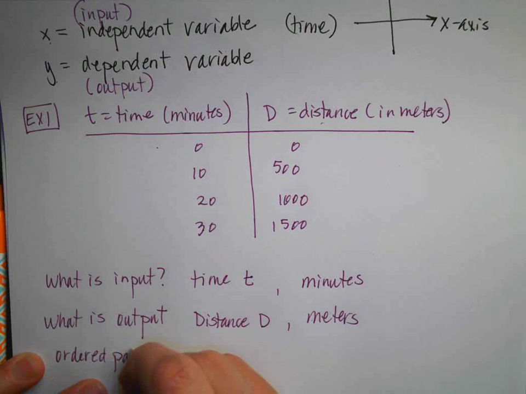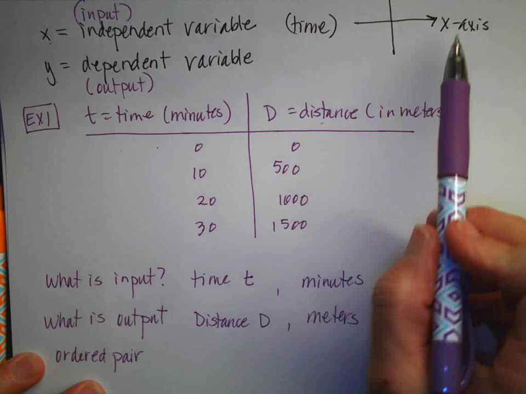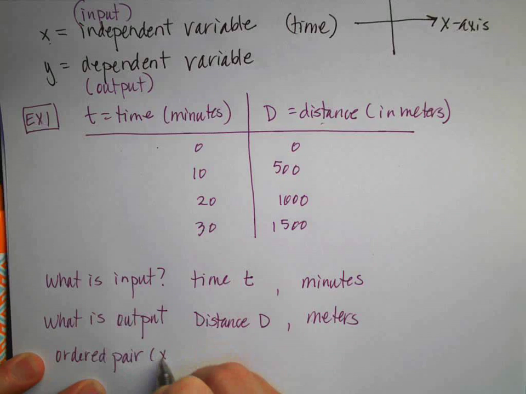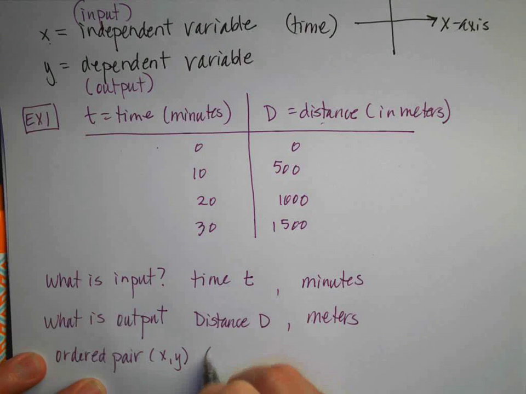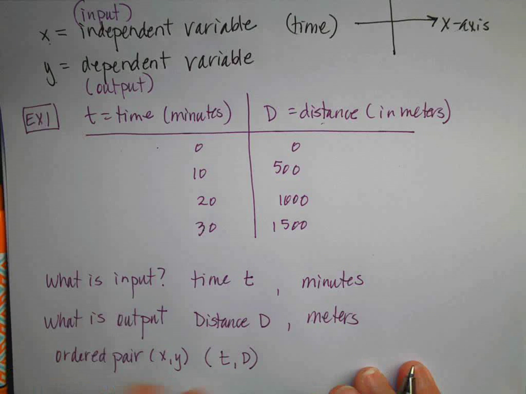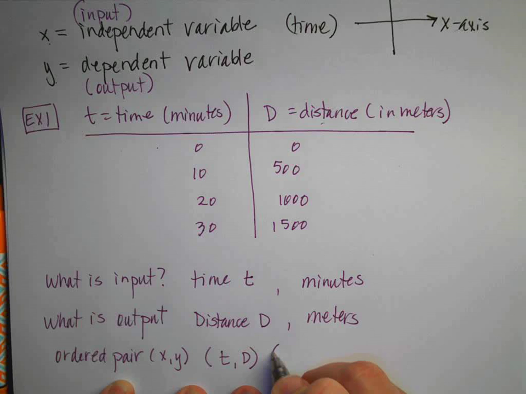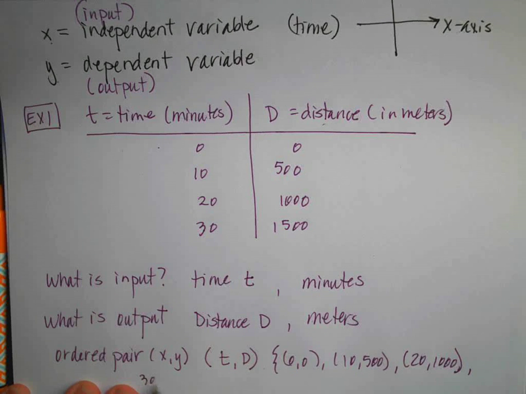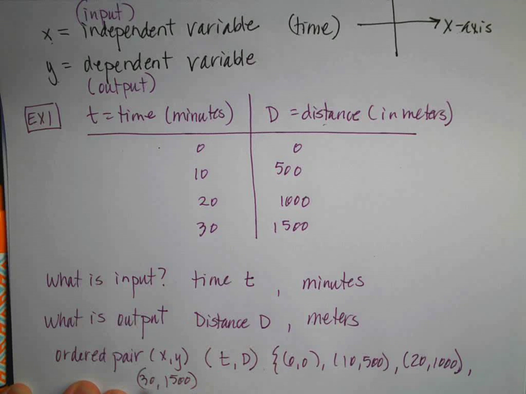So remember that an ordered pair is always going to be the independent variable and then the dependent variable. So it's always going to be x, y, or in this particular example, it's going to be t and then distance. So if I turned my table into ordered pairs, my ordered pairs would be 0, 0, 10, 500, 20, 1,000, and then the last one would be 30 and 1,500.